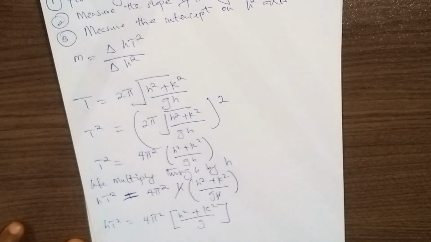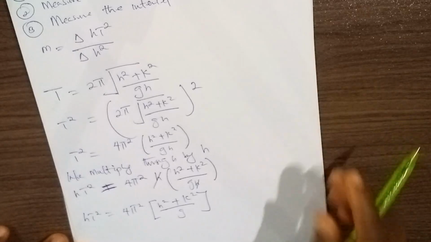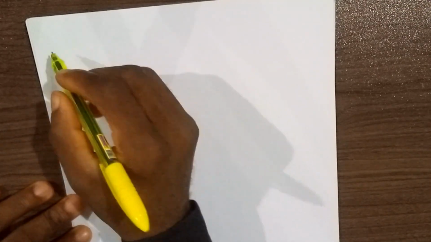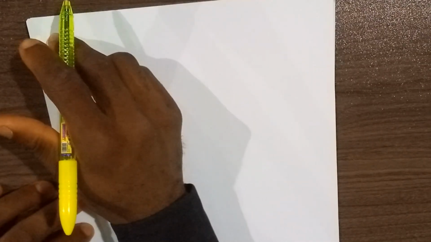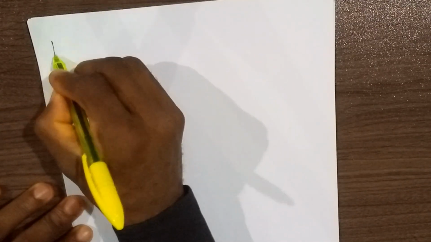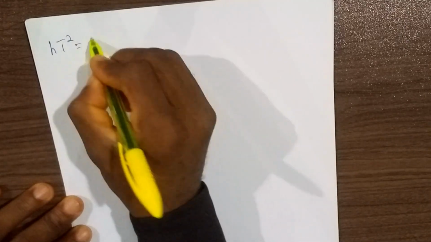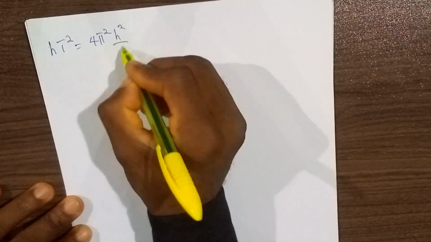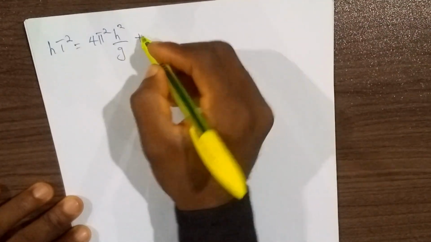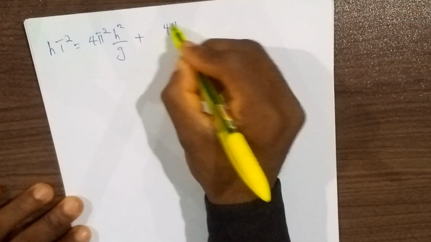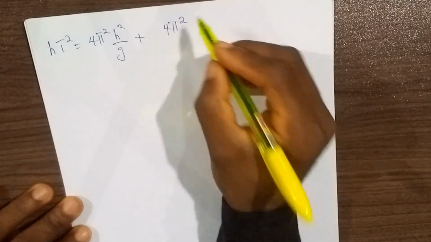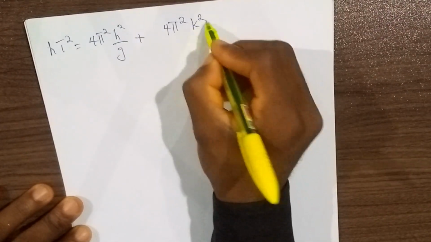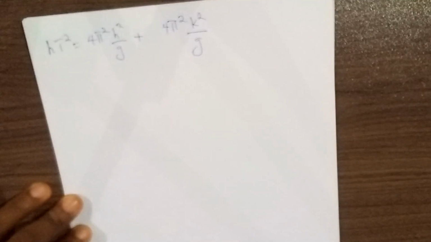From there, we make this whole thing linear such that ht squared is equal to 4 pi squared h squared all over g plus 4 pi squared k squared all over g.